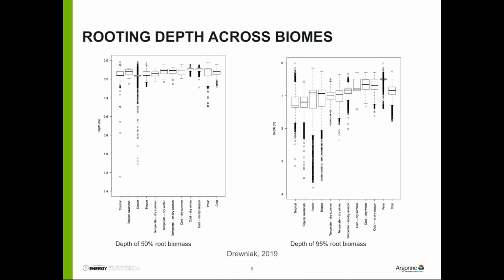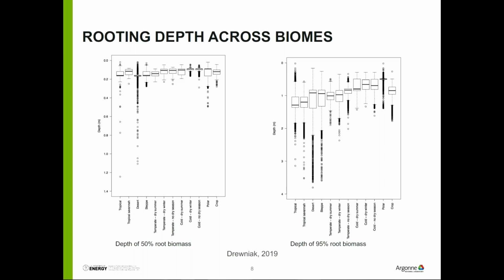And this is another way of looking at it, across different biomes. So this is looking at not just the effective rooting depth, which is shown on the right, but also the depth at which 50% of the root biomass exists across a variety of biomes. There's tropical savanna, there's deserts, there's a bunch of temperate regions, and then it gets cold and all the way to polar, and then the very last one is the crops.